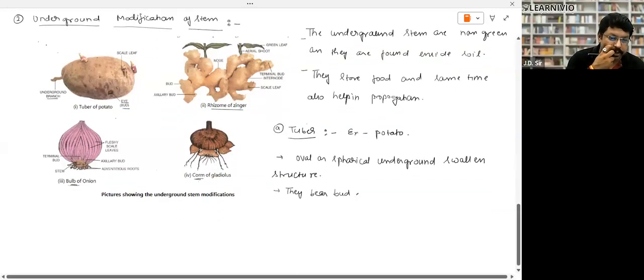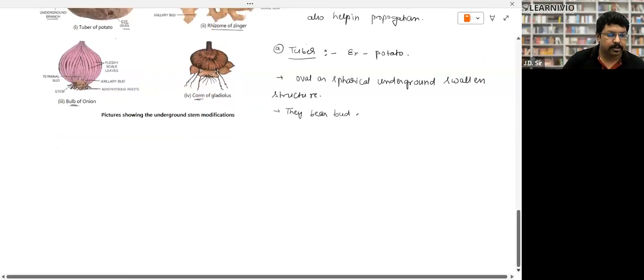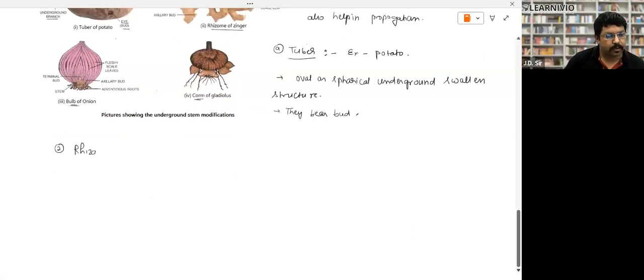Second, which is written over here, is the rhizome. Second one is rhizome. Rhizome example, you know that ginger is already given. Example, ginger.